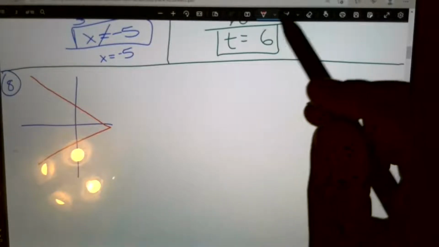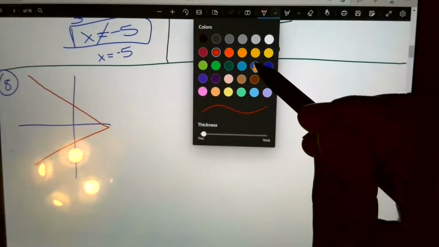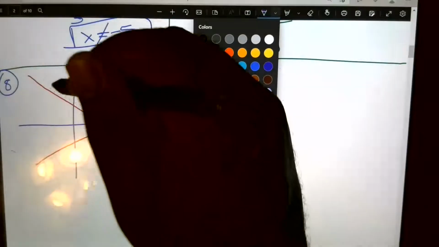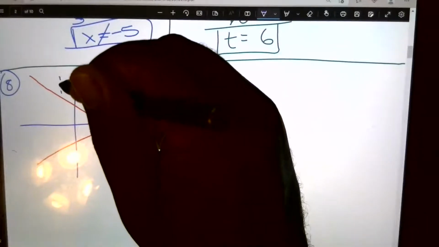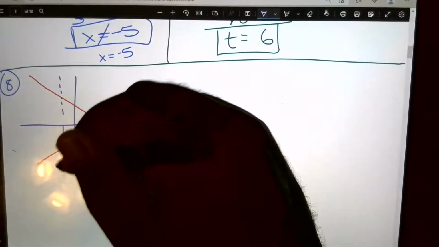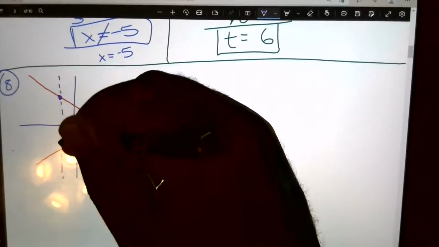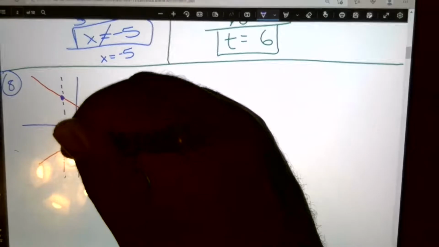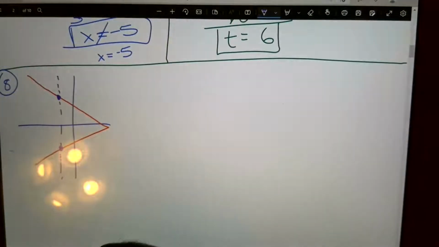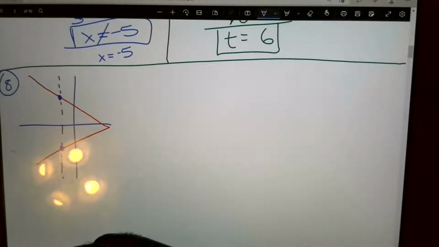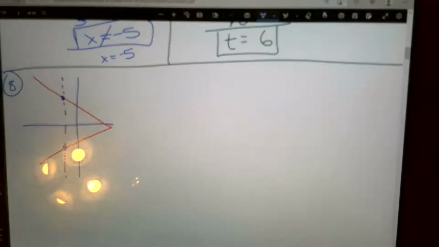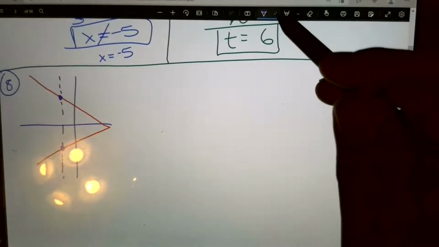This is not a function, because if I draw a vertical line through here, anywhere on the function, it meets the function at 2 different points. If it ever meets the function at 2 different points, it fails the vertical line test, and it is therefore not a function.